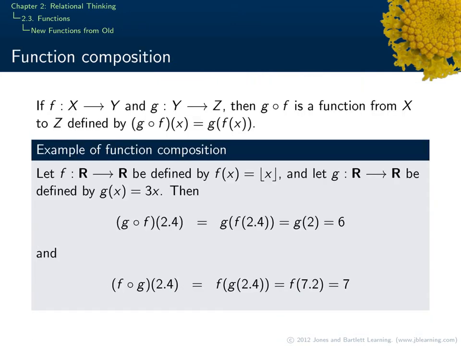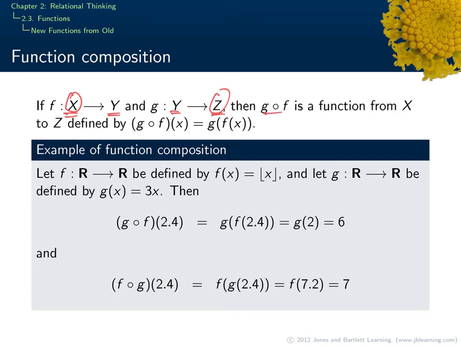One special way that we can take existing functions and make new functions is through the use of what's called function composition. So let's suppose we have a function f that takes elements of X to elements of Y, and then we take over with another function g that takes elements of Y into elements of Z. Then this new function g circle f is a function that takes X into Z, and it does what you would expect it to do.